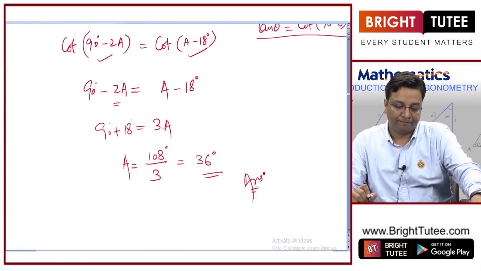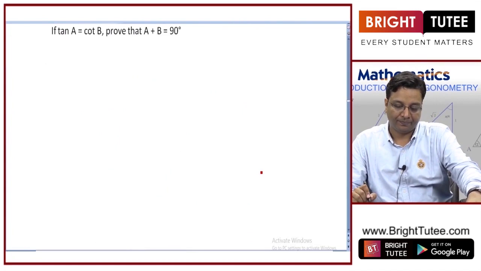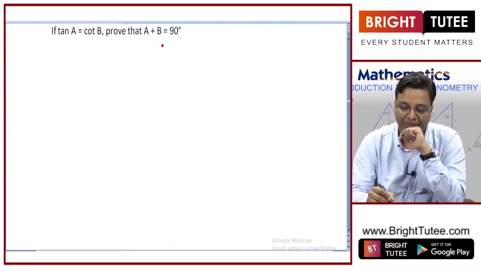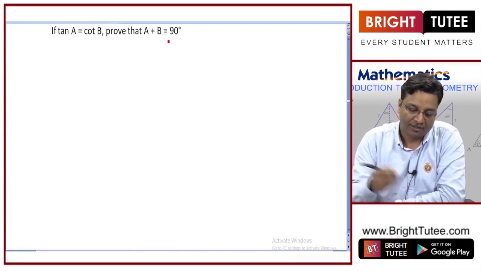So the value of A is 36 degrees. Next: if tan A is equal to cot B, prove that A plus B is equal to 90 degrees.